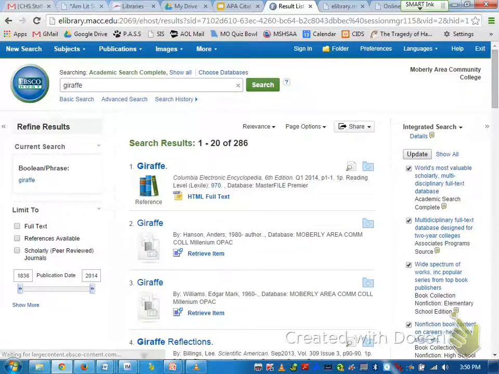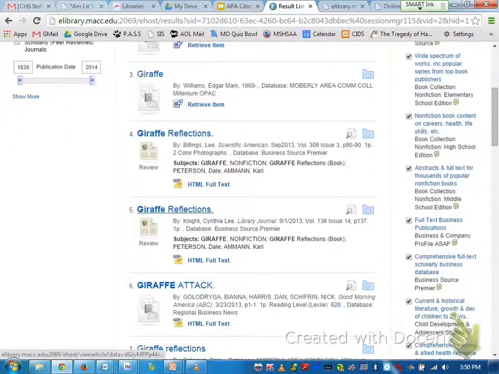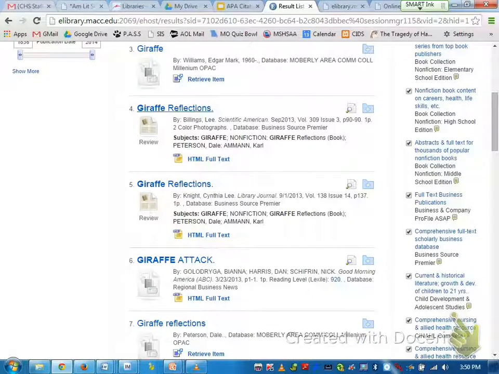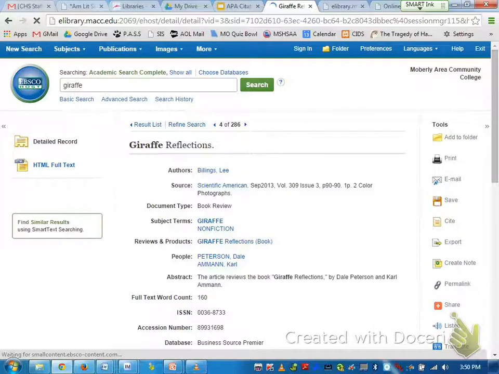And the thing I really want to highlight is that if it comes from EBSCOhost, it's cited like a periodical. Even though you don't have the actual newspaper in front of you or the actual magazine in front of you, you treat it like you do.